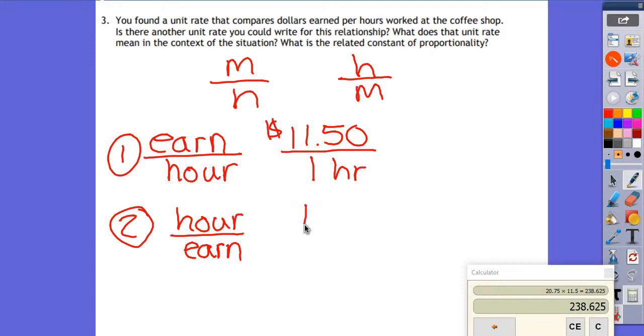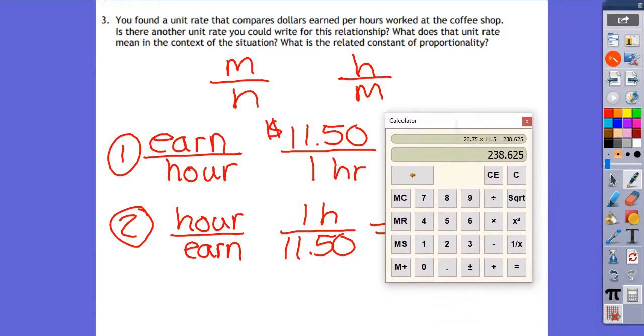Flip. They're flipped too. So it's 1 hour per 11.50. Well, what's 11.50 divided by 1? 11.50. But is 1 divided by 11.50 11.50? No, it gives me something else. I need to know what that something else is.